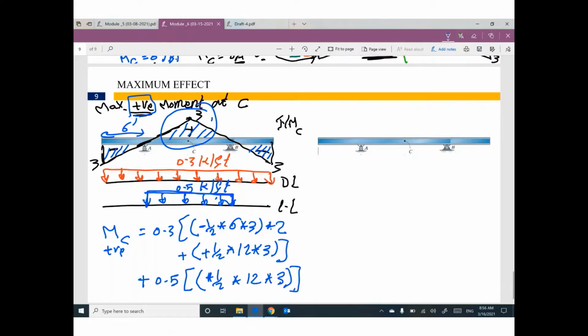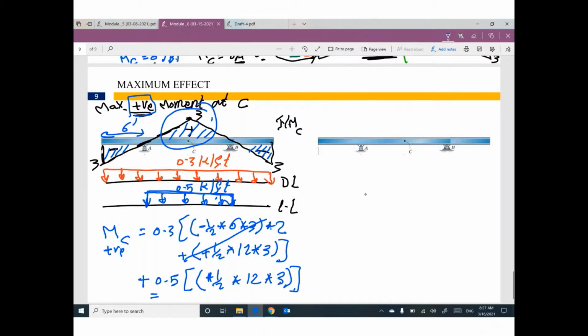I can get the final answer: 0.3 times negative 0.5 times 6 times 3 times 2, plus 0.5 times 12 times 3. You are lucky, this one will be 0. Plus 0.5 times 12 times 3 times 0.5.